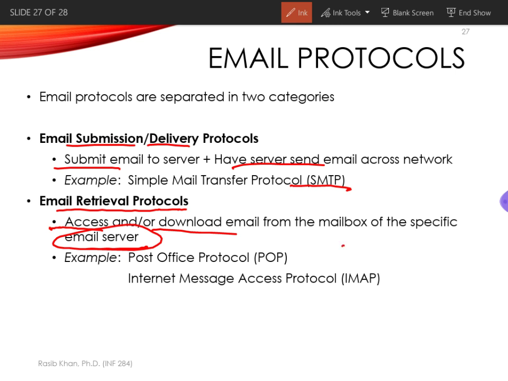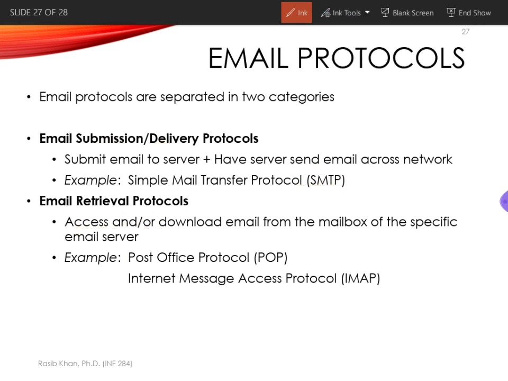We have two common protocols in this category, that is POP, the Post Office Protocol, and also IMAP, the Internet Message Access Protocol. So broadly, email protocols are classified in two categories, one for submission and delivery across different servers, and another to be able to read an email that you just received.